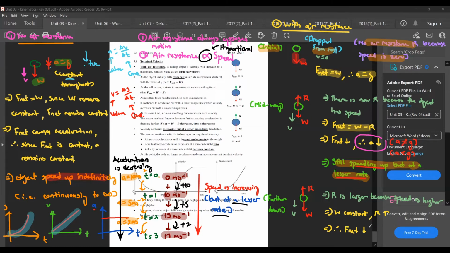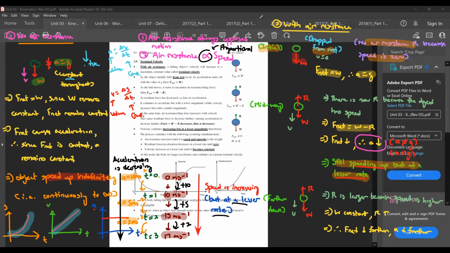This one, my F net again will drop further, and then my a will also drop further. Okay, make sense? So my R is now bigger than before. My W is constant, so my F net will drop even further.